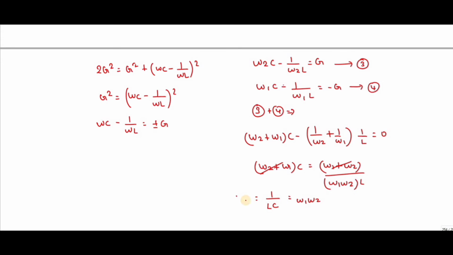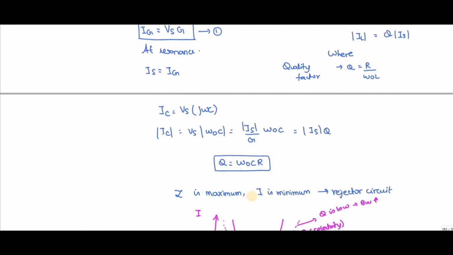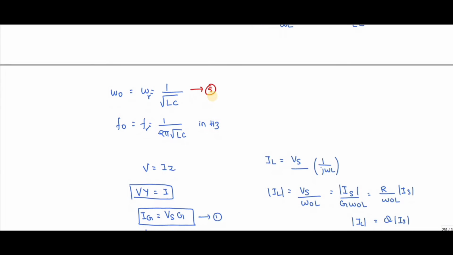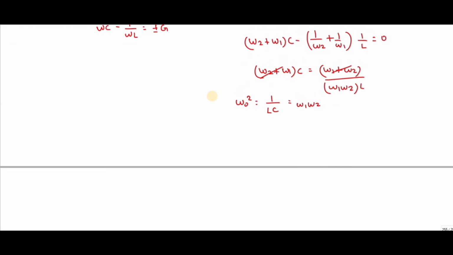So what is 1 divided by LC? 1 divided by LC is equal to omega naught square, right? From this equation. Therefore, omega naught is equal to root of omega 1 omega 2.